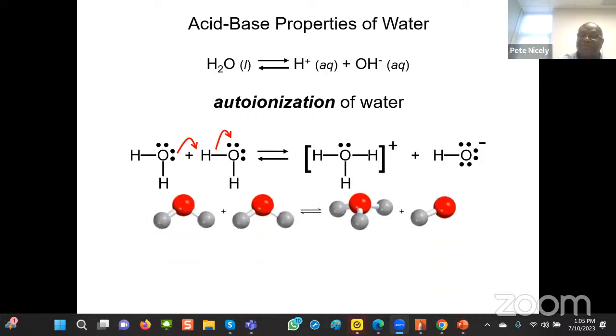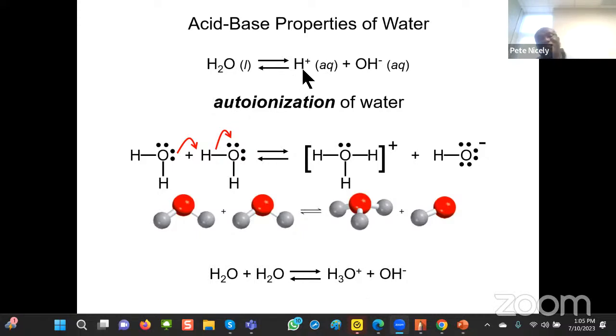So this is just showing you a ball and stick model of what's happening in this reaction. And this is basically another way of expressing this. Now, let me just say that this is more likely to be what happens in reality, where the hydronium ion is formed, because it's very unlikely that you have H+ ions by itself floating around in the aqueous solution, all right?